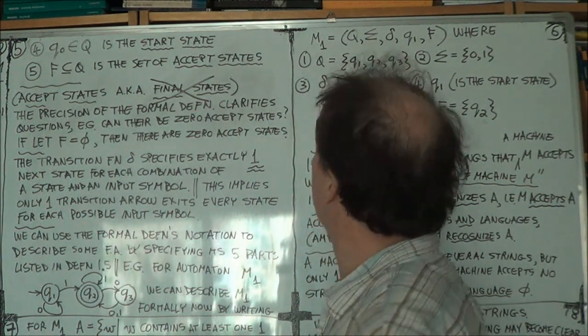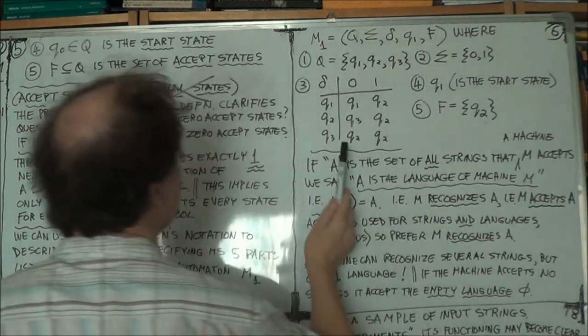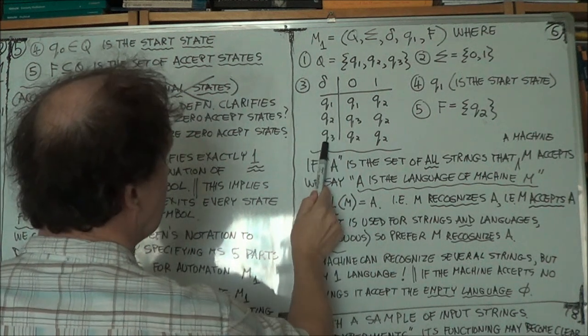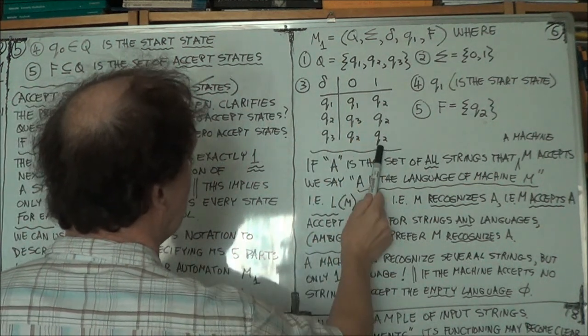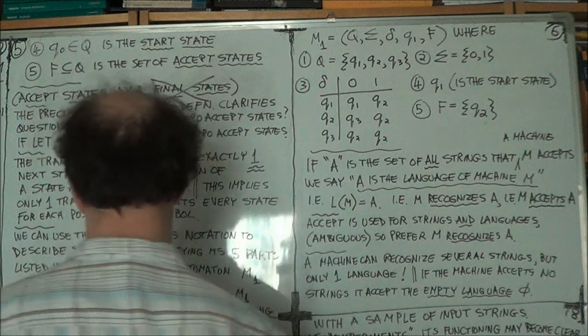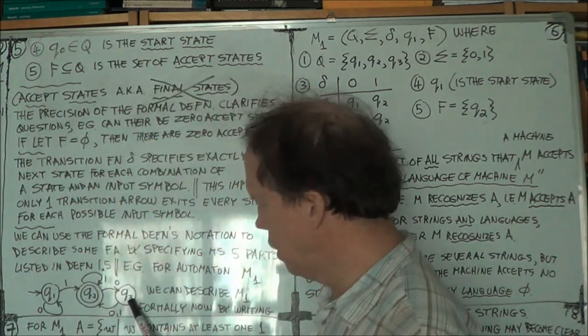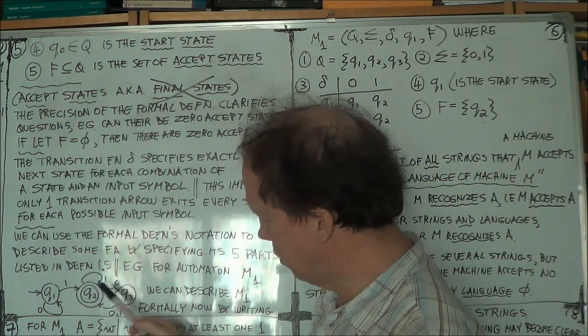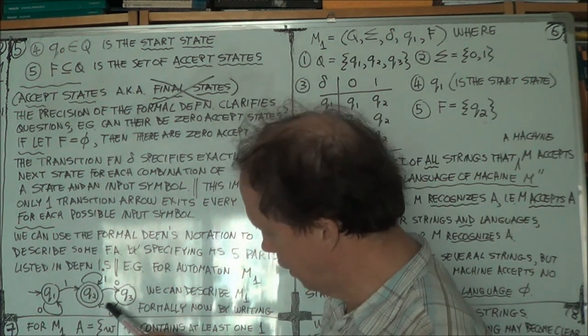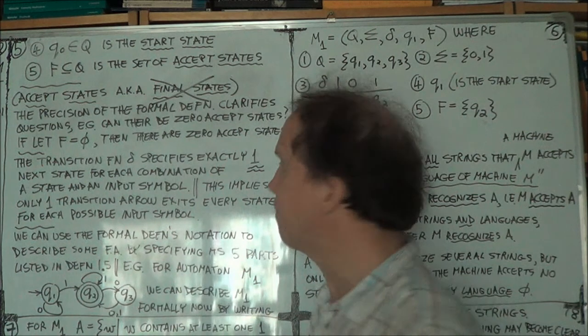Okay. Let's do another one. Let's say if the current state is Q3 and the input is 1, go to Q2. So Q3, 1, go to Q2. So that's this transition here. Okay.